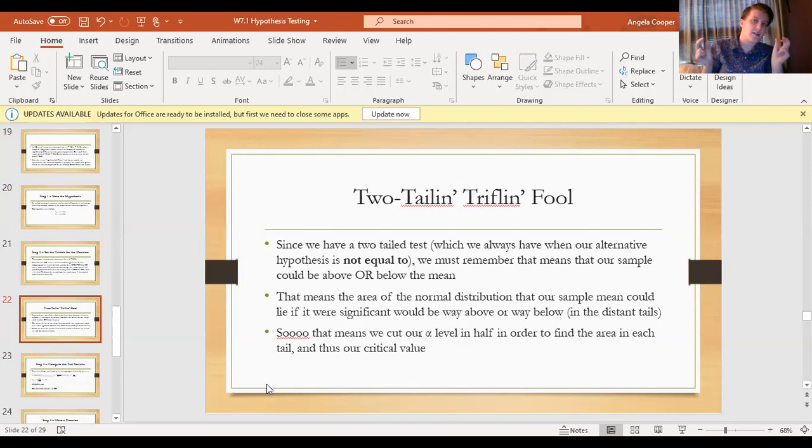If it falls into this area on the other side, it's going to be significant. If this is equal to 0.025 on each side, this is a two-tailed test. I have my fingers on each side of the distribution tails. If it were a one-tailed test, instead of splitting it, they'd be together on one side. So when we split it, it's still the same amount. It's just where we're putting it.